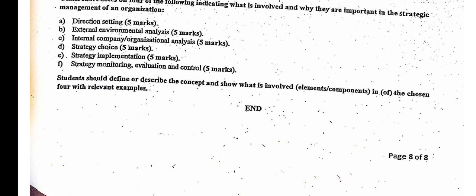Then you can also define the prerequisites to strategy implementation. Then strategy monitoring, evaluation and control. Yeah, you also talk about it. You can talk about the types of strategy controls. You define what strategy monitoring is, what strategy evaluation is, what strategy control is. Students should define, describe the concept and show what is involved.